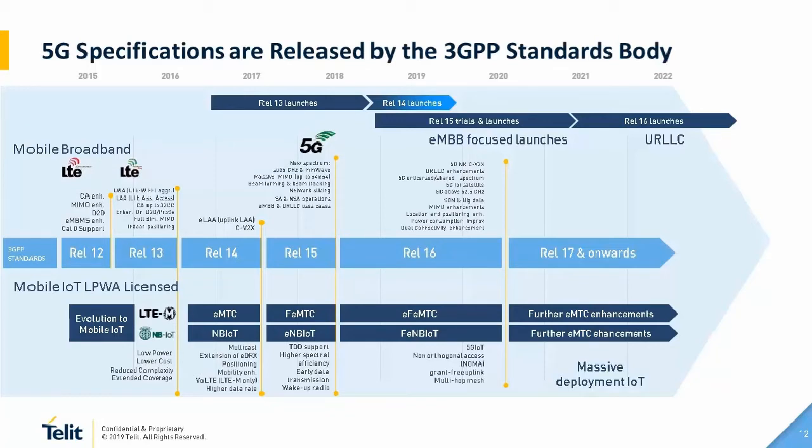Then if you look below the track, there is the Narrowband Track, which continues. We all know that LTE-M and NB-IoT are the narrowband LPWA technologies, low power wide area licensed technologies, which can be used for meter reading or tracking, or, like I said earlier, low power, low data devices.